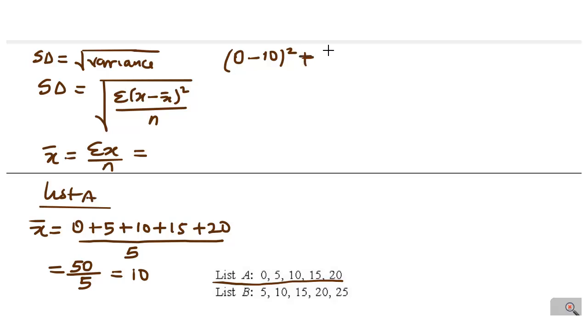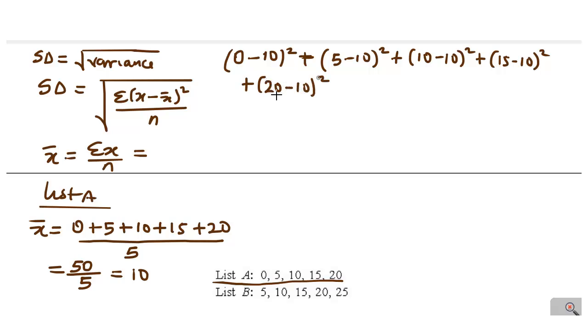Next item is (5 minus 10) squared, plus (10 minus 10) squared, plus (15 minus 10) squared, plus (20 minus 10) squared, then everything over n.